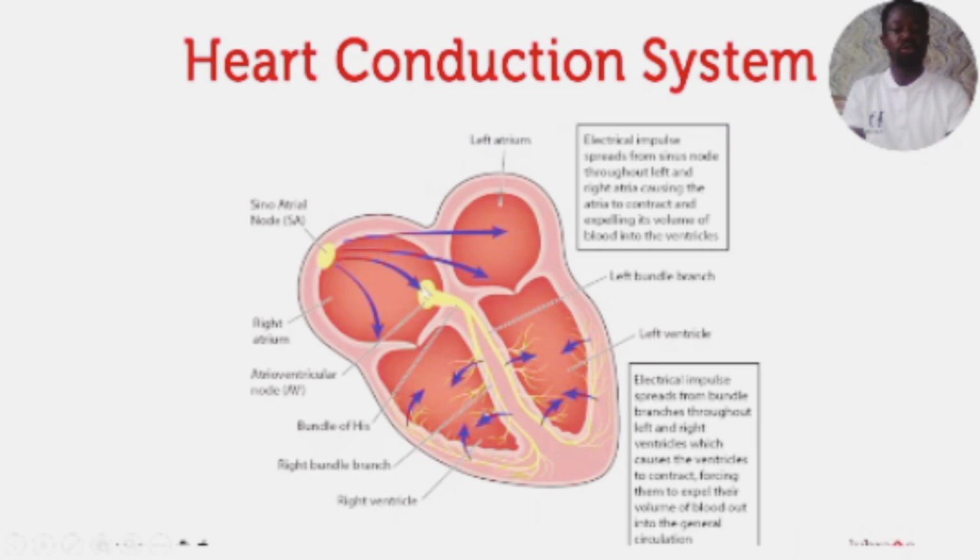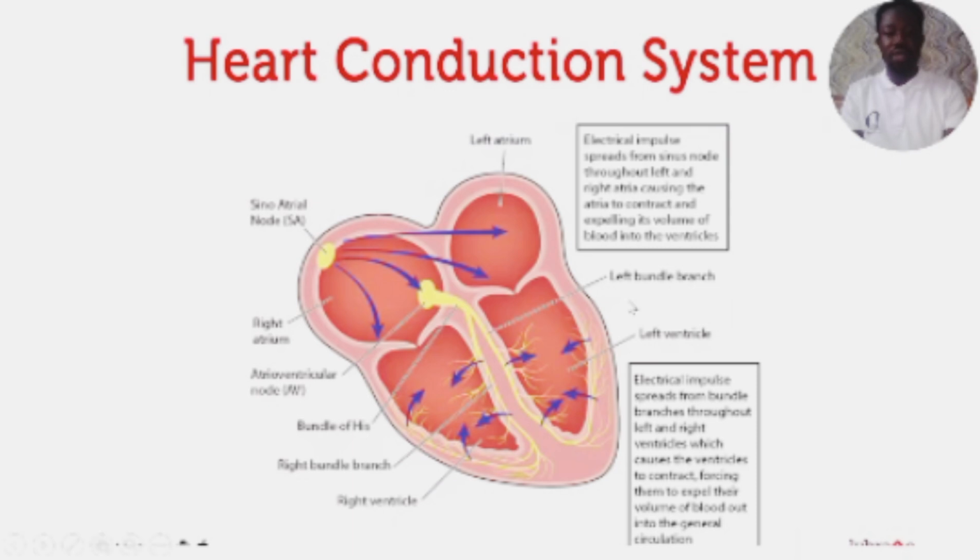When the atrium contracts, the impulses will not directly go to the ventricles. It will stop. The impulses will gather where? In the AV node. That will lead to the bundle of His.